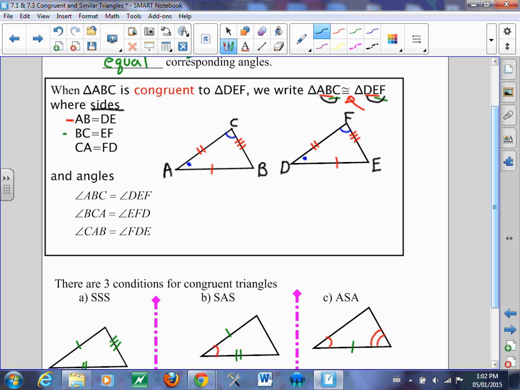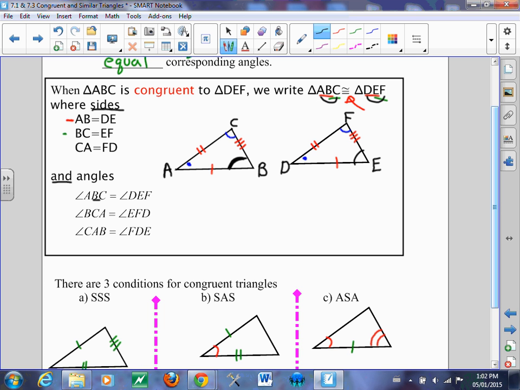Okay, the angles, I'm not sure if you remember this from elementary school or not, or even grade 9, but when we describe angles, we use 3 letters. So when we say triangle ABC, we're looking at B, the angle B. So we go from A to B to C. So it's that kind of angle right there. Okay, and that's going to equal angle DEF. Okay, and angle BCA equals angle EFD.